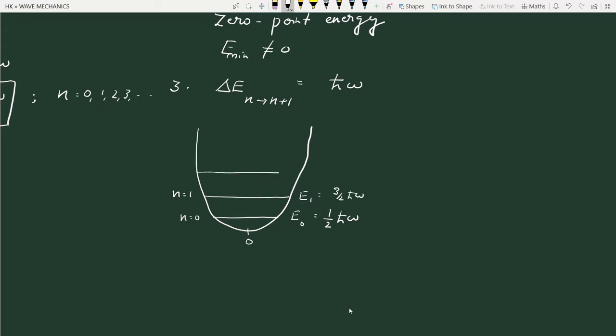Then n equal to 2, E2, 2 plus half h cross omega, that is 5 by 2 h cross omega. So we have drawn the first 4 energy levels. 7 by 2 h cross omega. So the adjacent levels are always spaced equally. The energy levels are equally spaced.